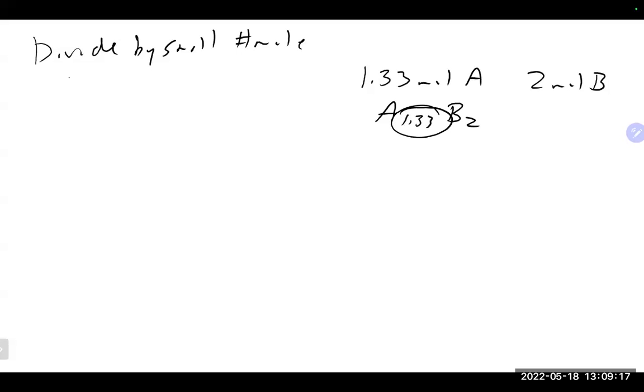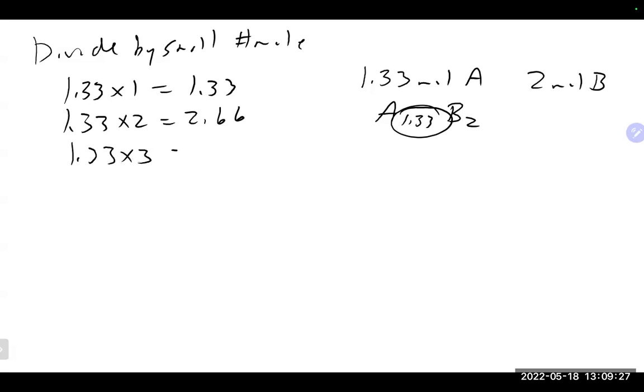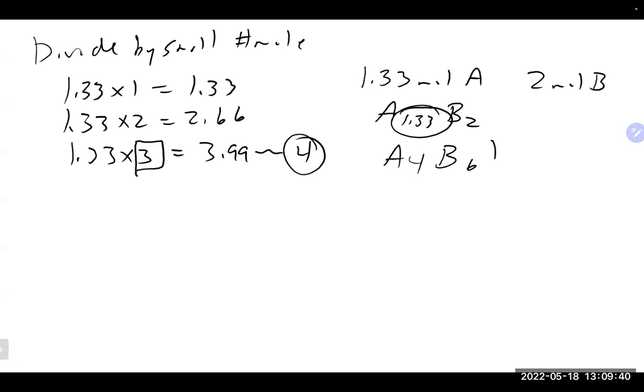So you could take 1.33 times 1, which obviously gives you 1.33. 1.33 times 2 gives you 2.66. 1.33 times 3 gives you 3.99, which is pretty close to 4. So what you would want to do is multiply it by 3. When you do that, that will give you A4B6 as your correct empirical formula.